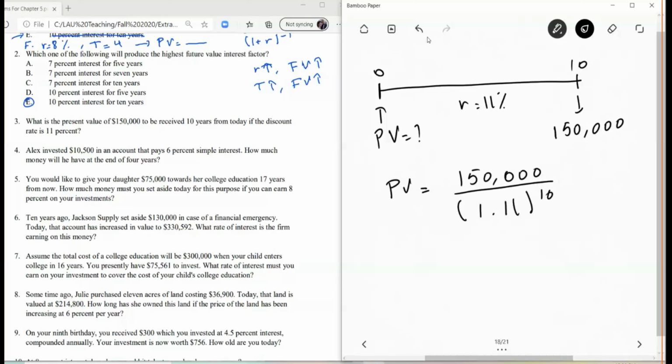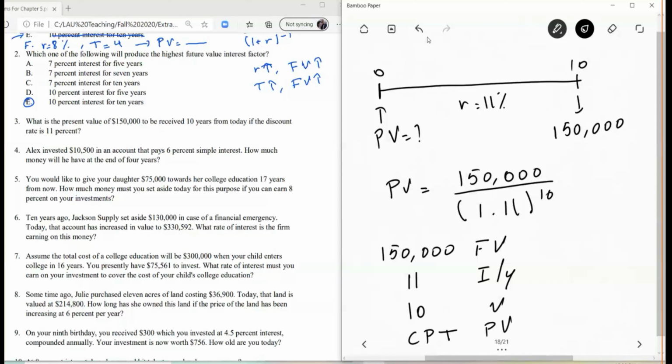If you are using the financial calculator, you will have the following. 150,000 is FV, 11 is I/Y, you will have 10 as N, then compute PV.